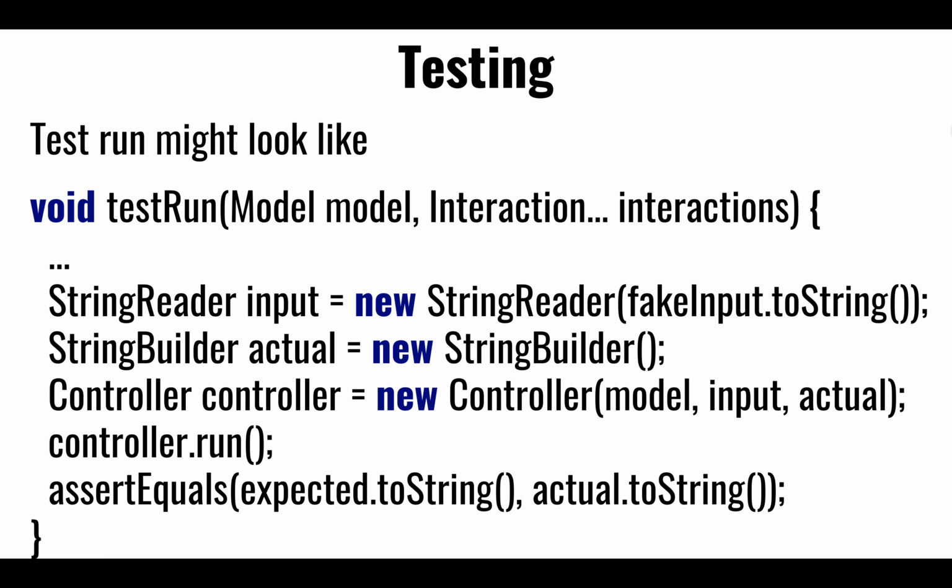The output is going to be written into an actual string buffer. So it's going to append 7, 12. We're going to append those values. And now we can compare, right? We can compare what we expected, that plus 3, 4 is equal to 7, and plus 5, 12, 7 is equal to 12, and whatnot, with the concatenated results of the controller actually acting on that input string of events, of interactions.